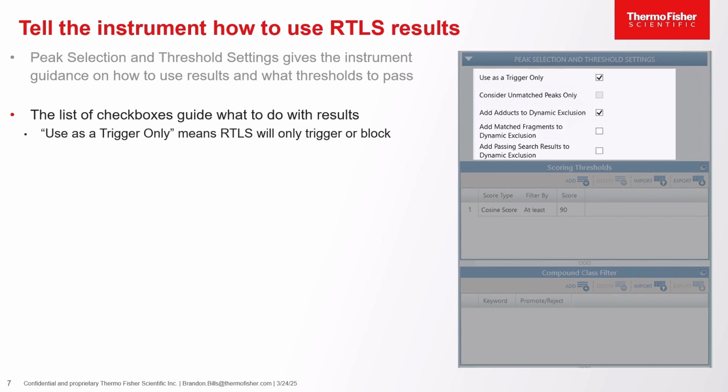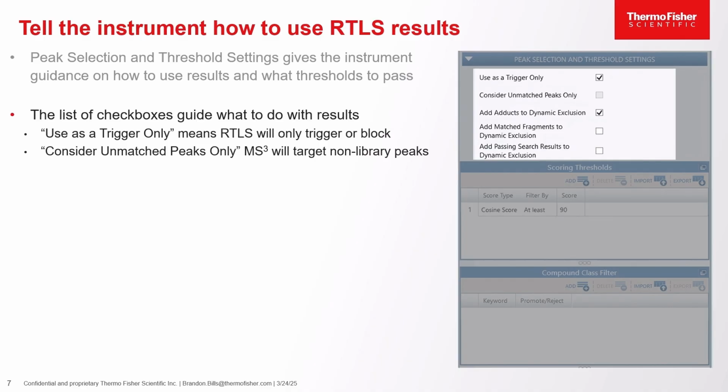If you leave that unchecked, you can check consider unmatched peaks only, which will allow you to influence MS3 behavior. What that means is when it gets to MS3, if you've got this checked, it will say, okay, I want to target the unknown parts of the structure. The MS2 in the library that match the MS2 in my experimental represent things I already know about the compound. The unmatched peaks I don't know about, those are the ones that we should be collecting MS3 data on so we can figure out what those are.